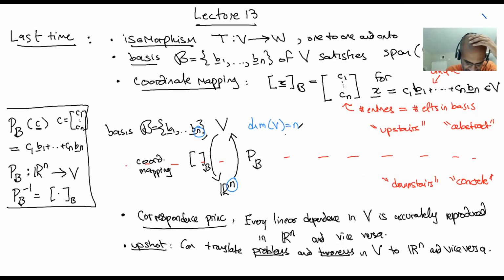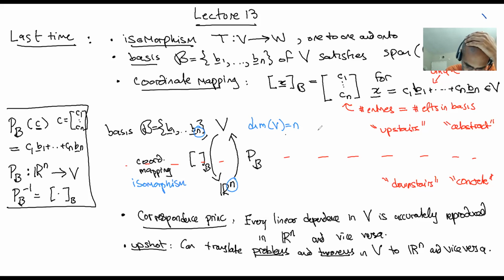And the point is that because this coordinate mapping is one-to-one and onto, because it's an isomorphism, every statement in linear algebra that's true upstairs, the corresponding statement is true downstairs for the coordinate vector.